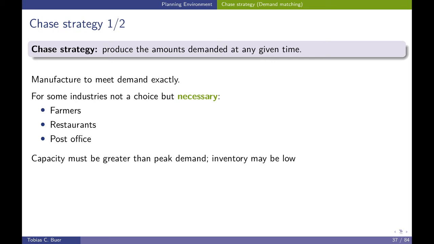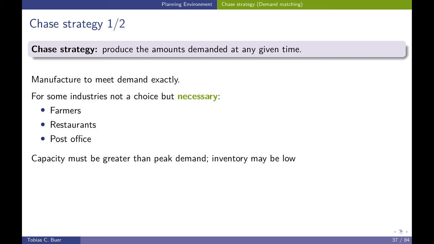For example, now in Europe, at Christmas time, many people send letters and parcels, and a lot of e-commerce shopping is going on. And of course, companies like DHL or UPS need to be able to fulfill the demand. They cannot say, oh no, we reject some of the orders. Then they would quickly be out of business. So they need to follow the actual demand.